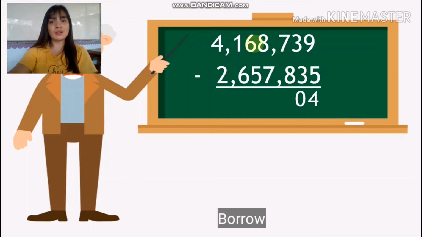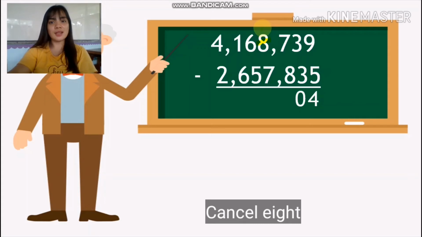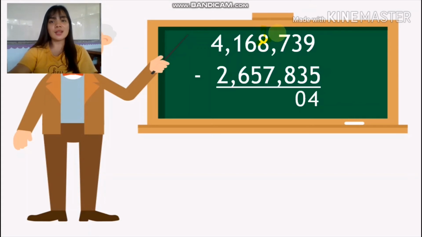So we're going to borrow from 8. So cancel 8. That makes us 7 already. Then we put 1 there. So that makes 17. So 17 minus 8 is 9. Very good. 7 minus 7 is 0. 6 minus 5 is 1.